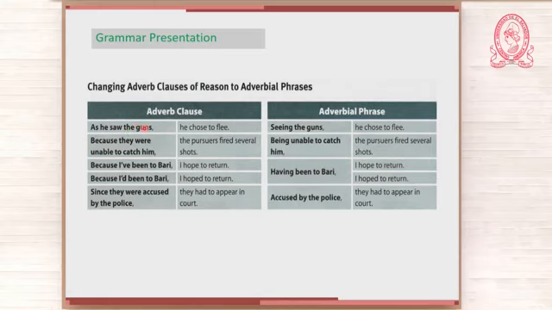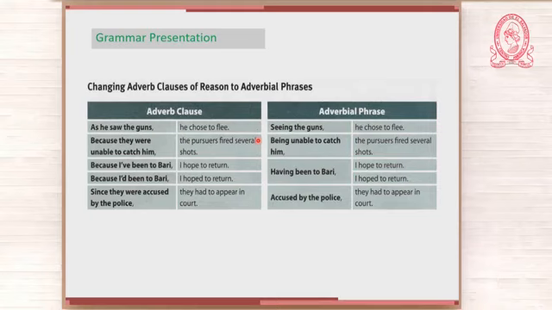We change it to the ing form. Okay, now let us see what we have here. Being unable to catch him, the subject they disappeared. The verb were in the past tense becomes ing, being. And what about the word because? It disappeared too. Okay, so I just say, being unable to catch him, the pursuers fired several shots.